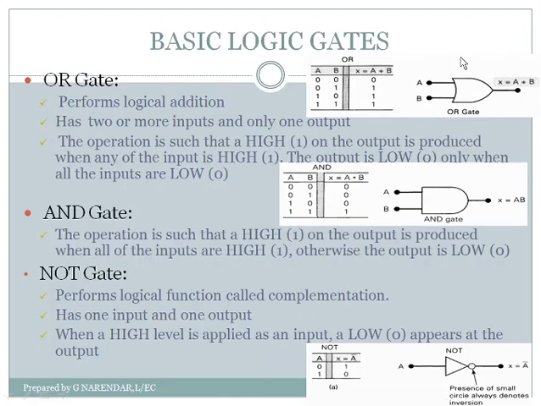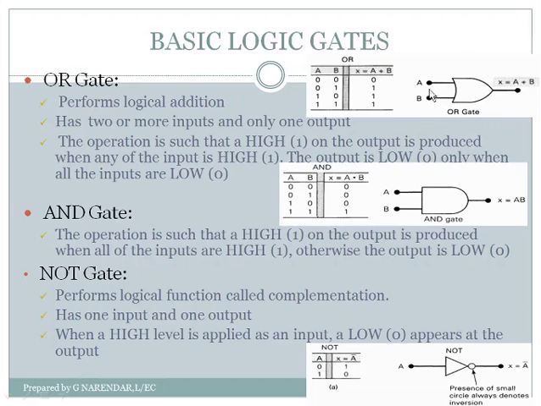The OR gate always has only one output, and it can have two or more inputs for a general OR gate. Since it has only two inputs, this is called a two input OR gate or simply OR gate.